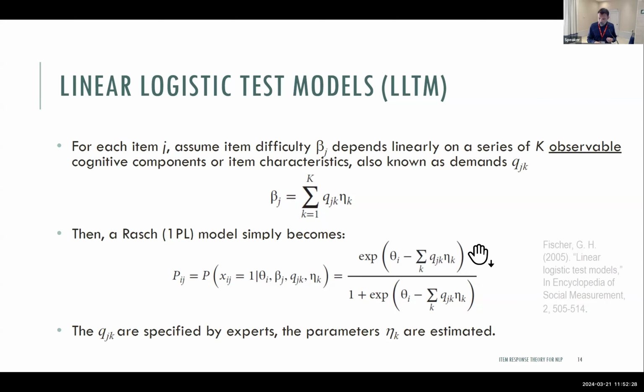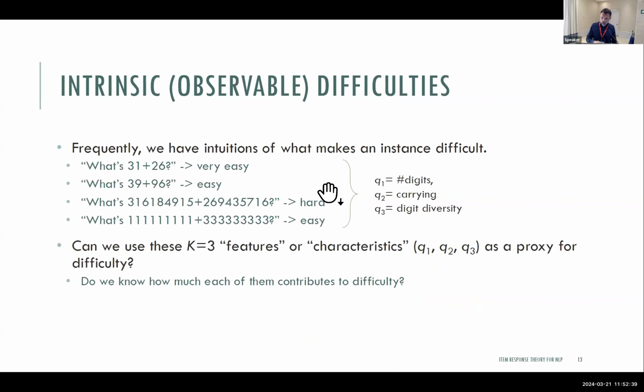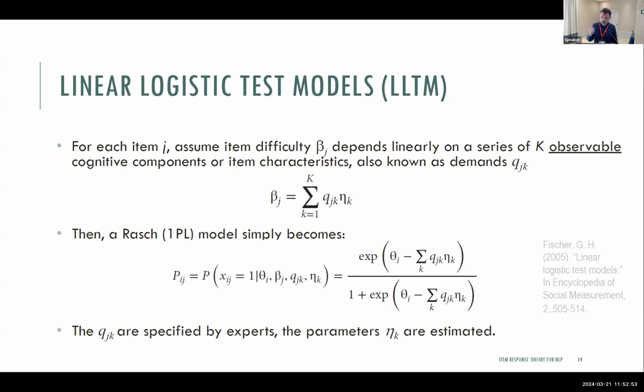Sorry again, we see the X twice, but it's the same extension to the traditional logistic models, where we have these q values: the number of digits, which can be a number; carrying, which can be a scale of 0, 1, 2, or the number of times you have to carry; and the digit diversity, which can be something like the standard deviation of the digits.